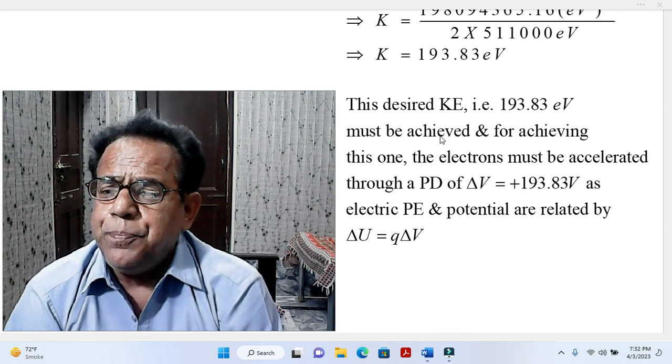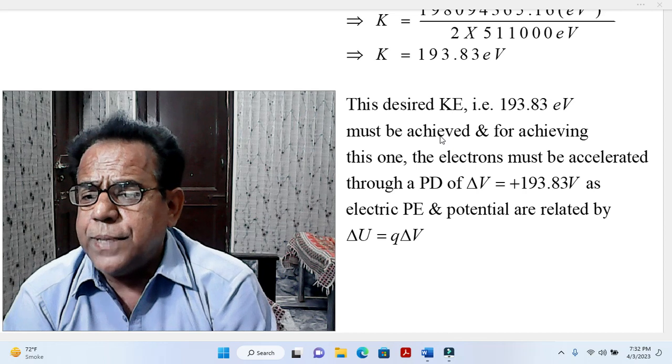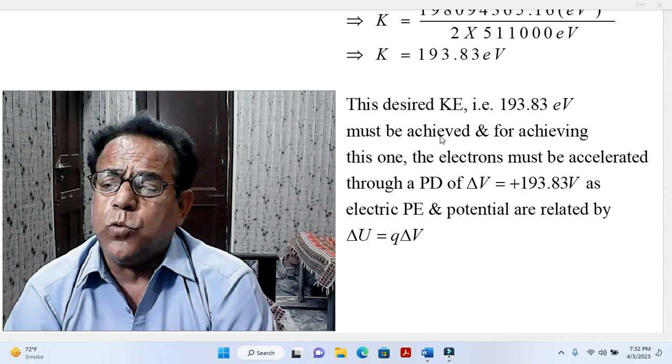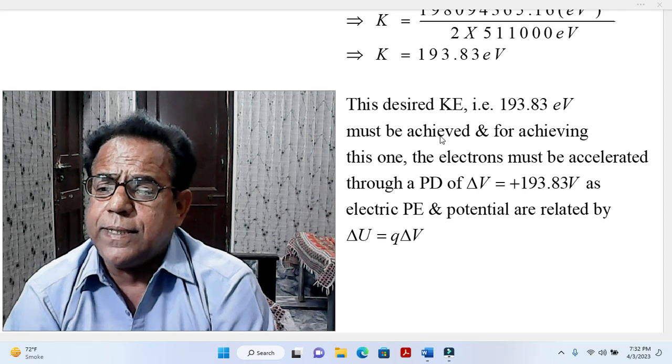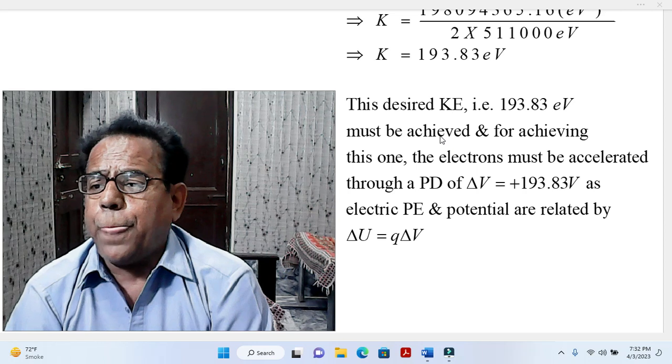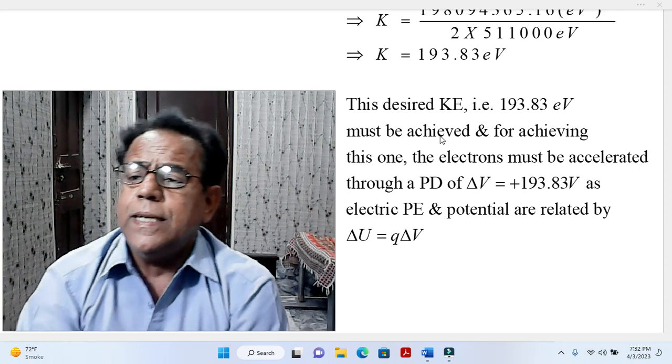For achieving this kinetic energy, the electrons must be accelerated through a potential difference of delta V equal to plus 193.83 volt. What is the difference between this and this?